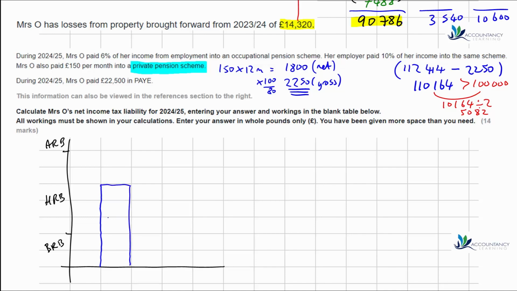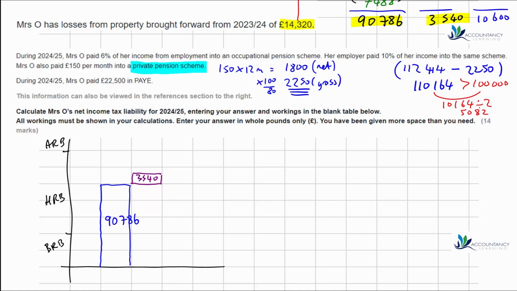So some of that is going to be at the basic rate and some of it at the higher rate. Remember, that's the figure after already deducting the personal allowance. And then on top of that, we've got a little bit of savings as well. So we've got some savings income of 3,540.